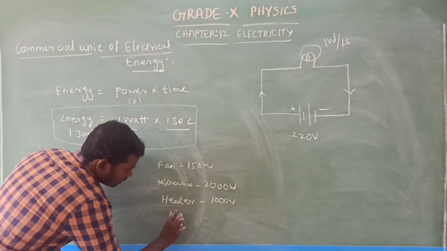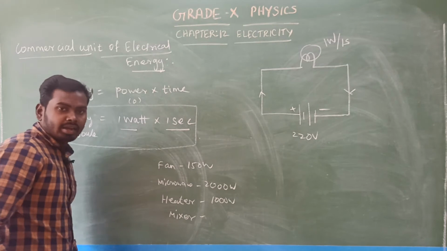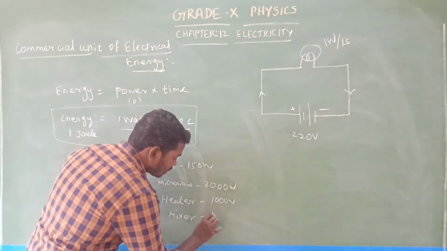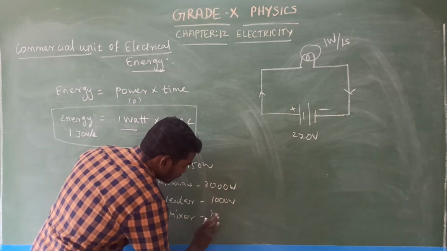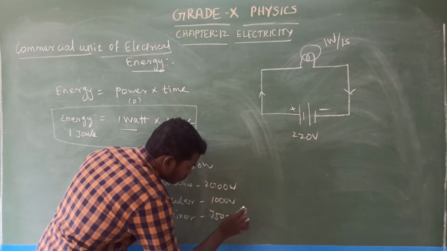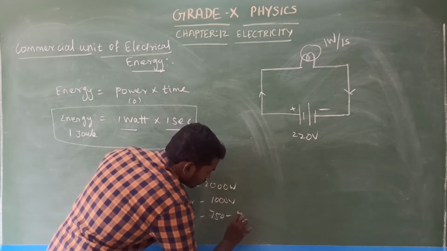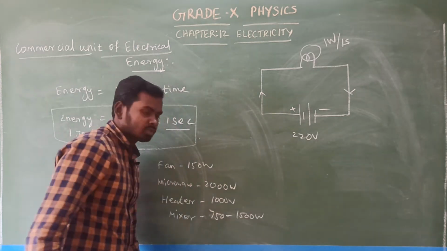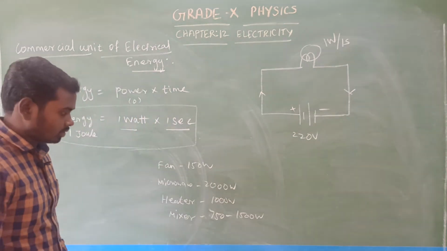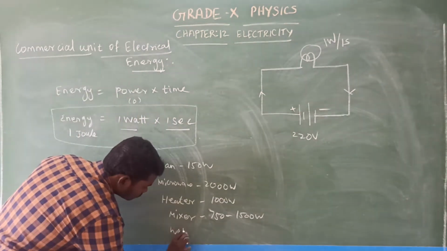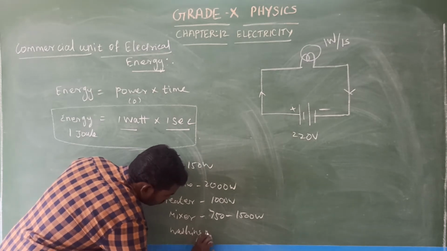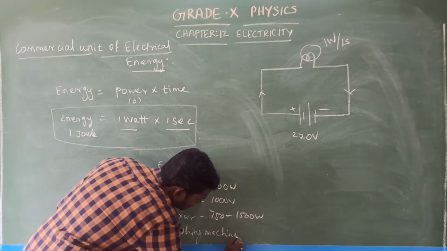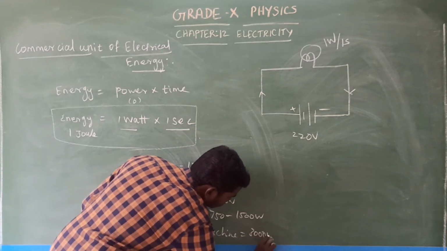The mixer grinder power rating is 750 to 1500 watt. Next, the washing machine power rating is 3000 watt, students.